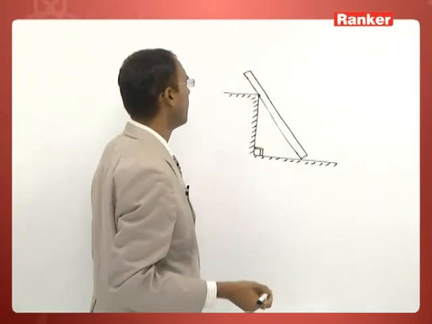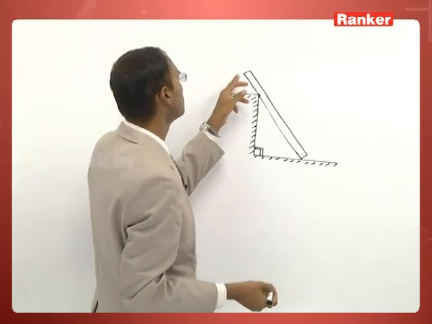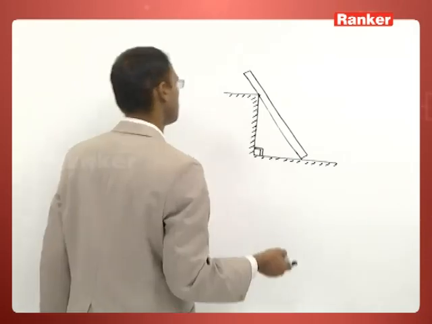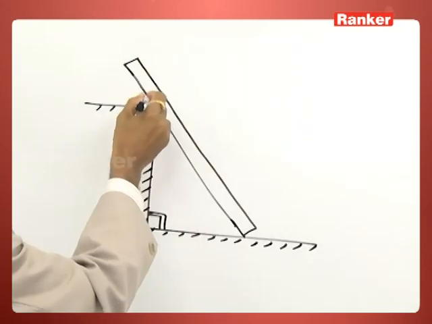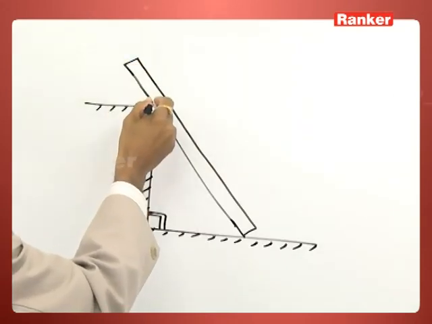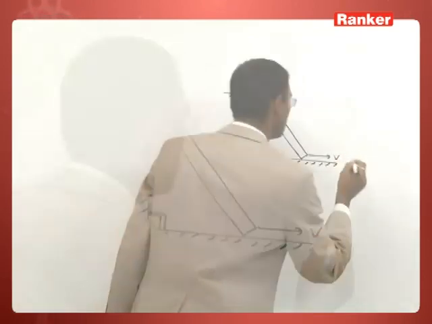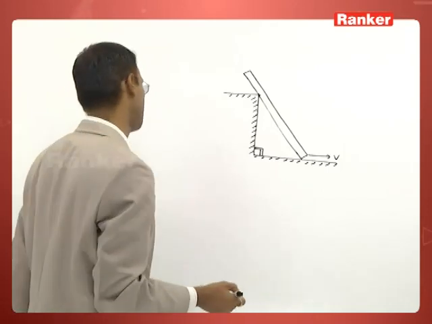The upper end of the rod is not constrained to move along the vertical surface. There is a tip and the rod is also sliding over this tip when you pull the bottom end of the rod towards the right along the horizontal surface.